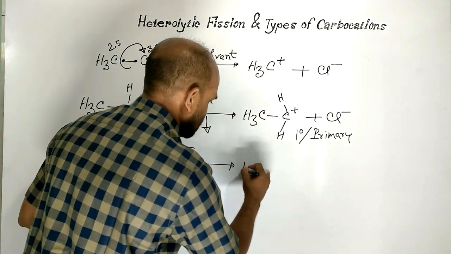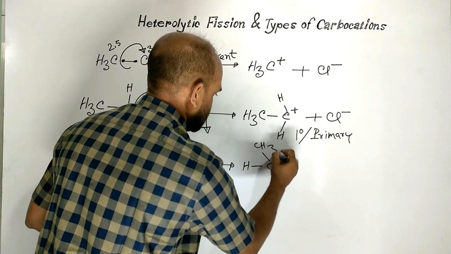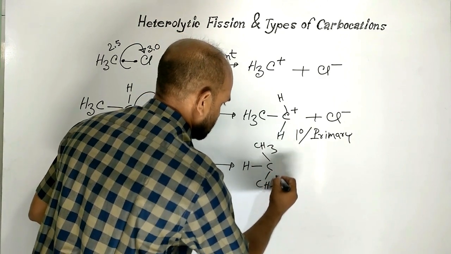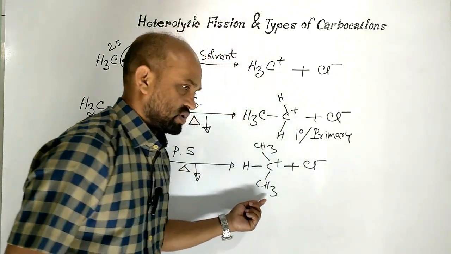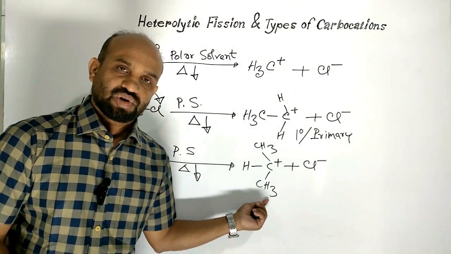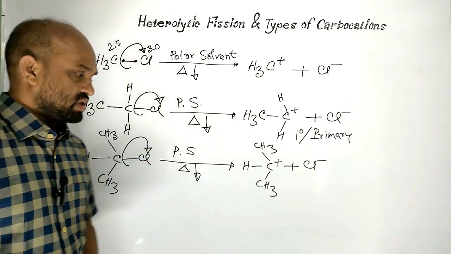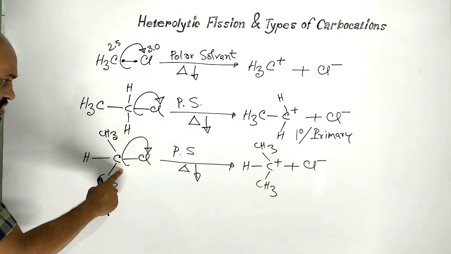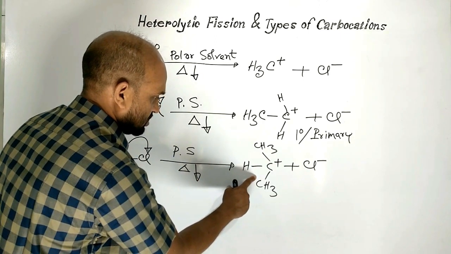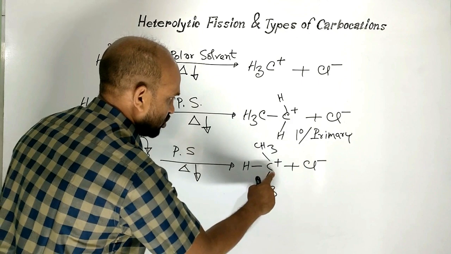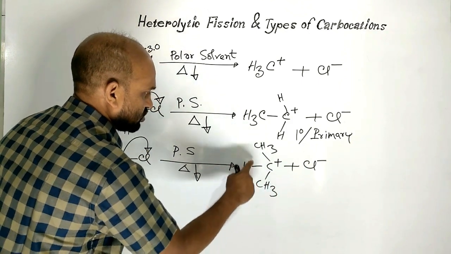As a result, this cation is formed, and chloride ion is formed, a kind of cation, carbocation, which is called isopropyl cation. Here we see that carbon with positive charge is linked up with two carbon atoms.